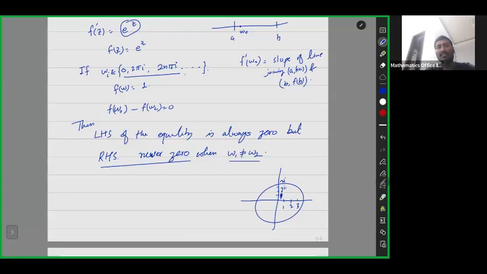Some small disk, 1, 2, 3, or i, 2i, 3i, or just pi, 2 pi, 3 pi. In this small disk where it fails, we will get a counterexample.